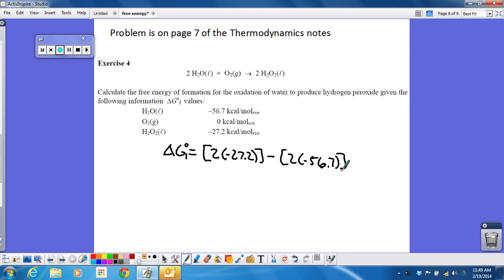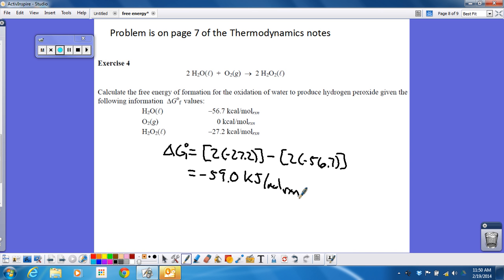You'll notice this unit is kilocalories. You will not see kilocalories except in this example that's in your thermodynamics notes. But that's okay, it works the same way as kilojoules. As long as all the units are the same, the math works the same. In this case, the delta G equals negative 59.0 kilojoules per mole reaction. This is negative, so this reaction is thermodynamically favored.